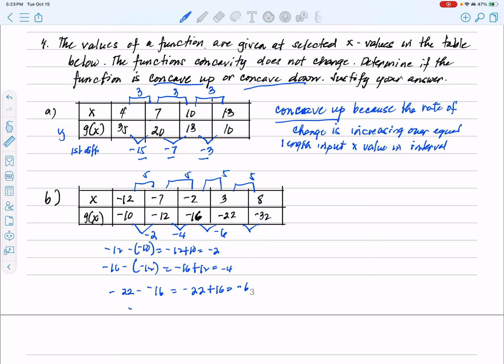Then negative 32 minus a negative 22. So that is negative 32 plus 22. It is negative 10. Okay. What have you observed from negative 2 to negative 10? Increasing, decreasing. This is decreasing, right?